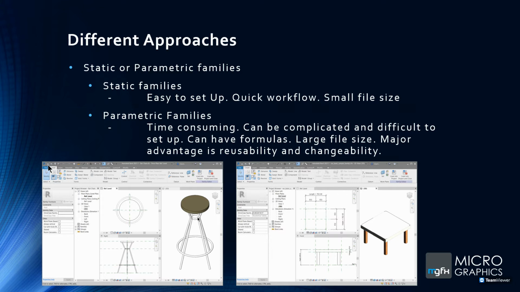It's easy to set up because you create a component, say, for example, a chair as per the image there on the left. That chair you create as is. There are no parameters like heights and widths. You create it and you use it. An advantage of that is it's quick to set up, because you don't have to do all of these parameters and the skeleton and a lot of things.